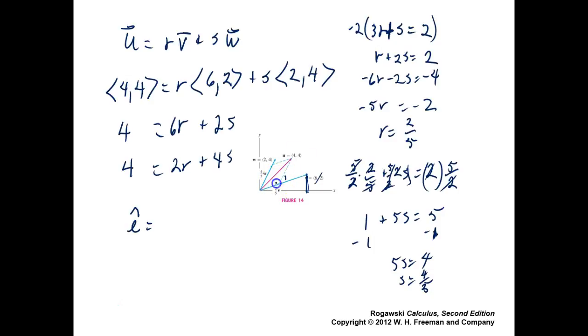In fact, we're not even going to call it V anymore. We're going to call it E. Has a magnitude of 1. Now, I'm going to introduce a trig concept here, a geometry concept. This angle is called theta.